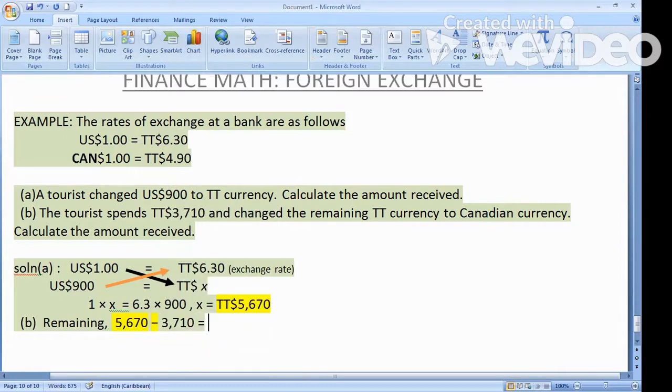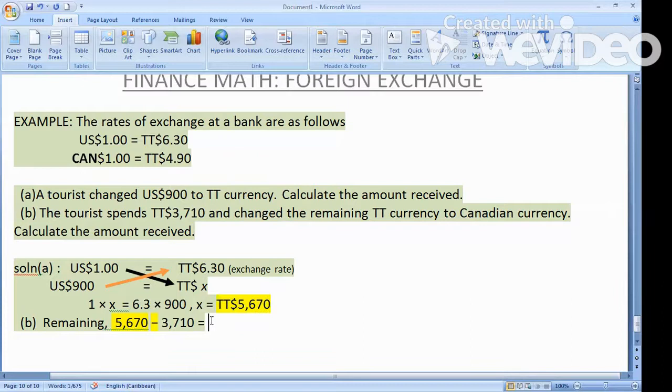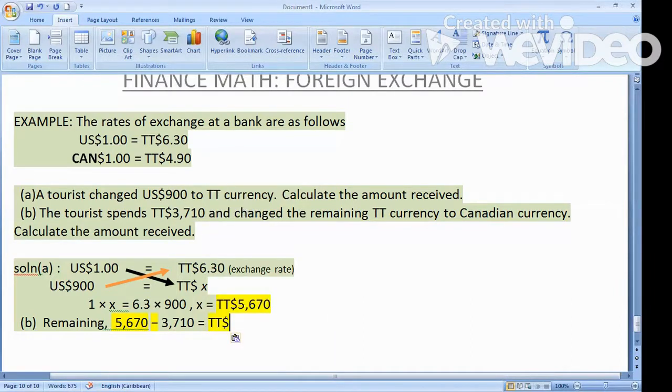And what is that equal to? That would give you 1,960 TT dollars.